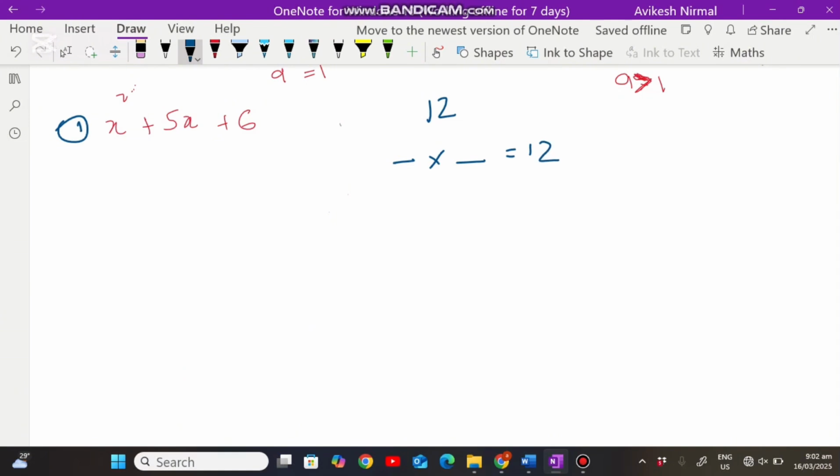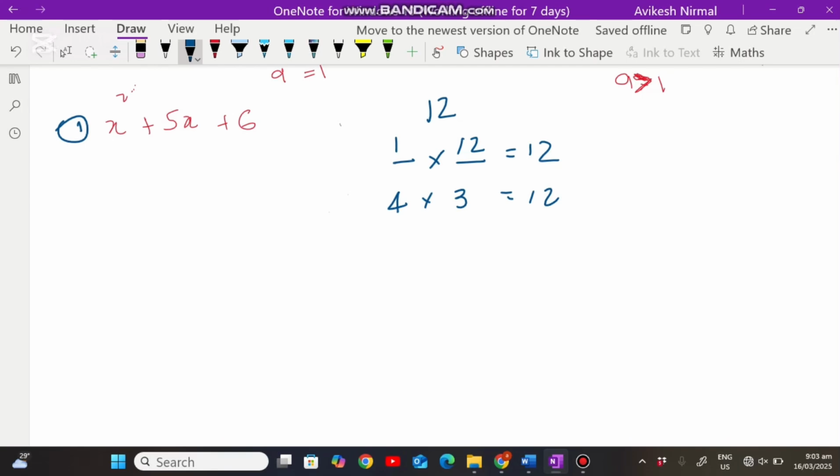You can think of numbers like 1 times 12. Also you can think of 4 times 3, that is also 12. In this way you'll be able to think of numbers which can give you that product. These will be factors of the number.